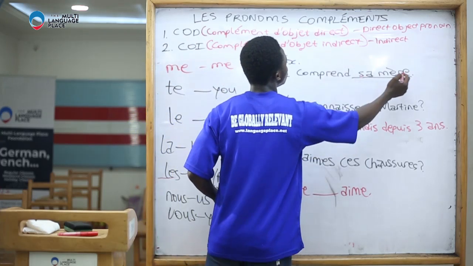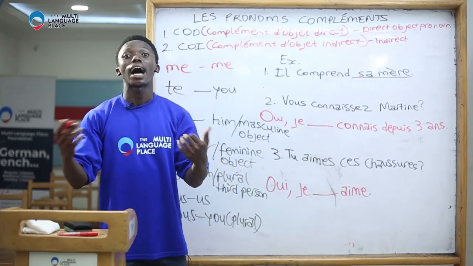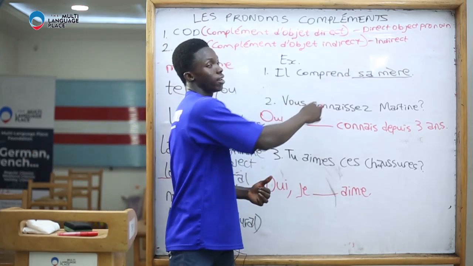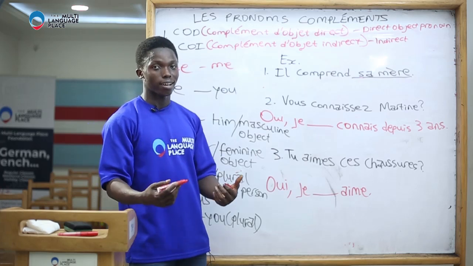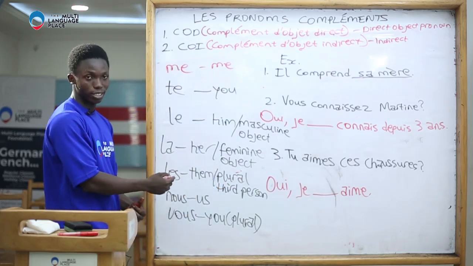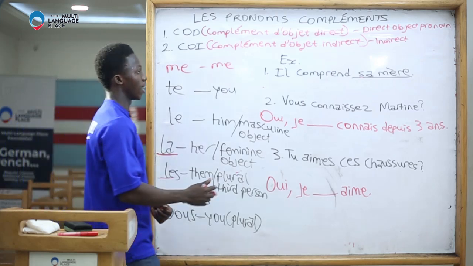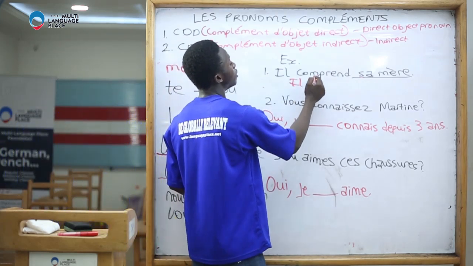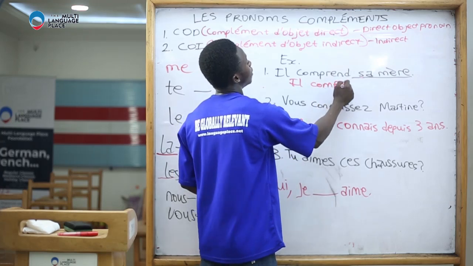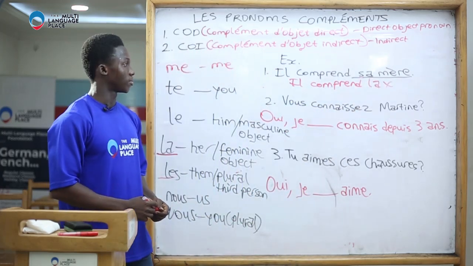Now, to replace this with a pronoun, I want to say he understands her. I'm replacing his mother with a pronoun. How do we say that in French? We look at her in French. Her is la. But then we cannot say il comprend la. This will be wrong. Why?